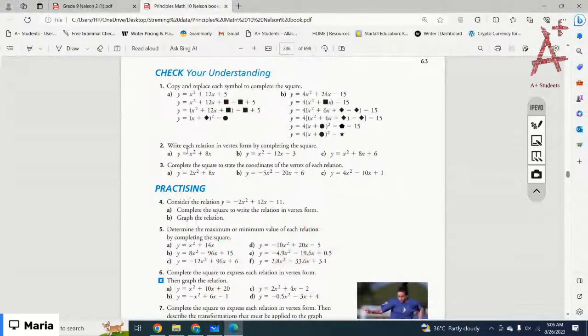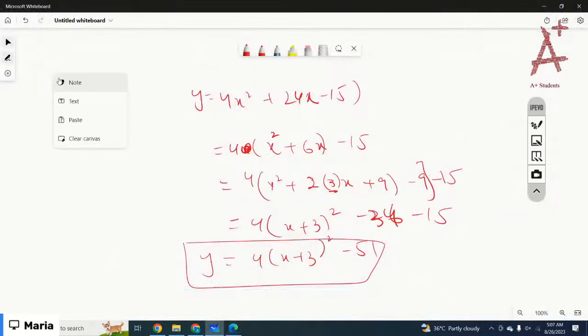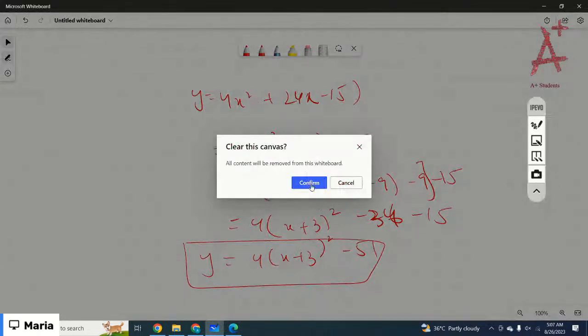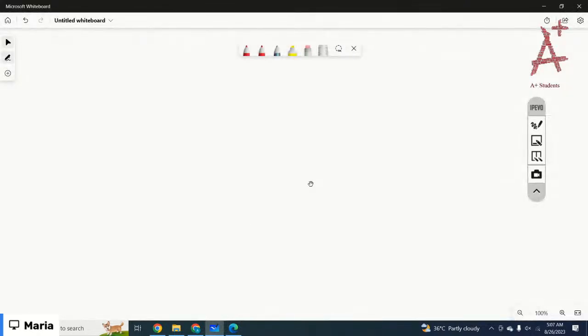Okay, write each relation in vertex form by completing the square. y equals x squared plus 8x.